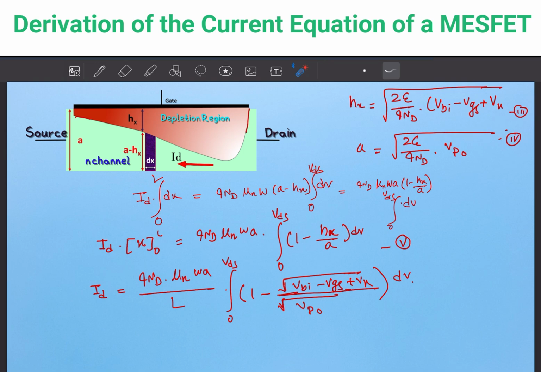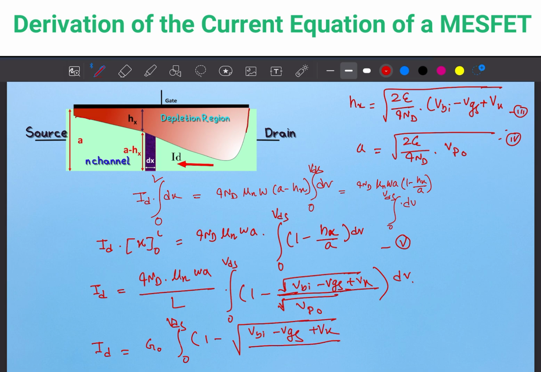So we can write down ID is equal to G0 times the integration from 0 to VDS of 1 minus the square root of (VBI − VGS + Vx) divided by V pinch-off, dV. Now this is a very simple integration. I will do it on the next page.